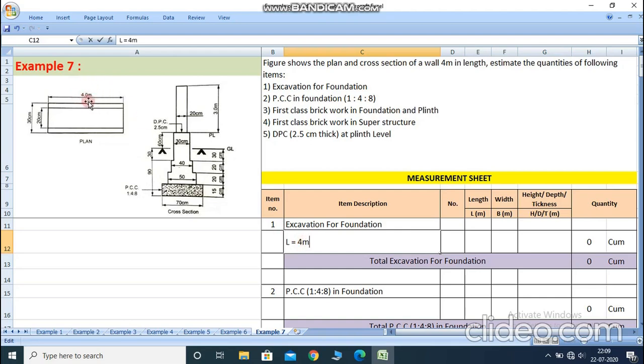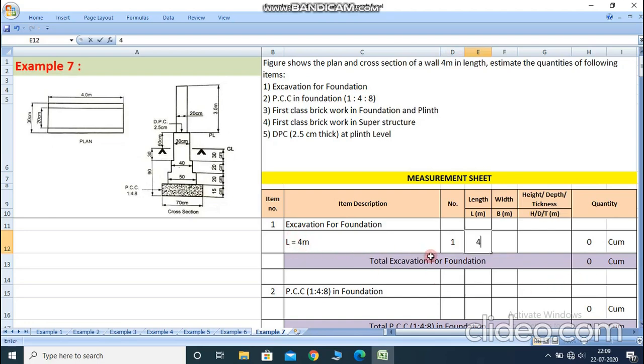See this plan, 4 meter is given. Here only a single wall is calculated, so the number of walls is 1, and the length is 4 meter.